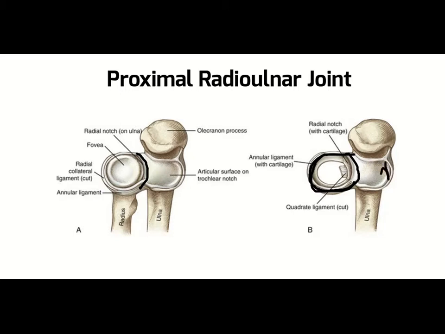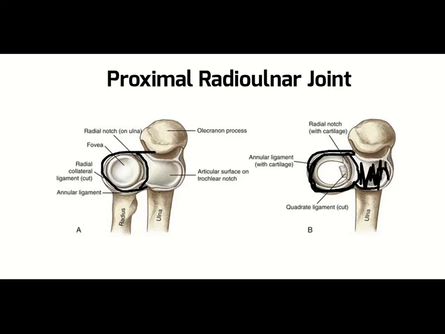So this is our trochlear notch, or kind of the underside of the olecranon, or the anterior side of the olecranon, and that cartilage is continuous with this annular ligament and its cartilage that wraps around the head of the radius and kind of holds the radius into that radial fossa.